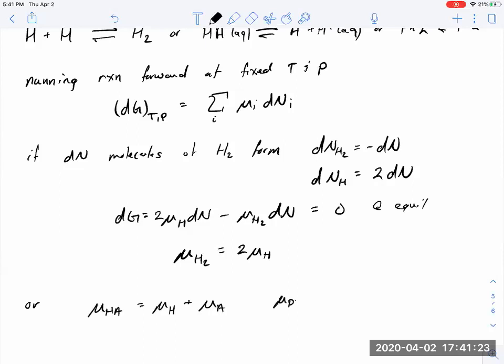The chemical potential of the protein-ligand complex at equilibrium must be equal to the sum of the chemical potentials of the protein and the ligand in isolation.